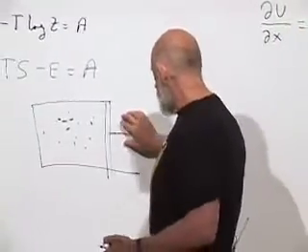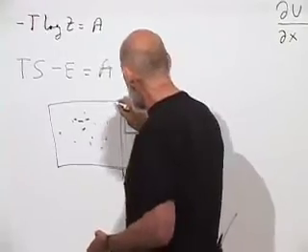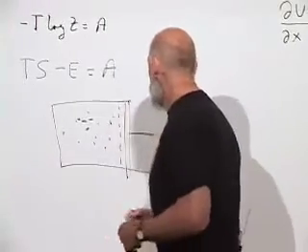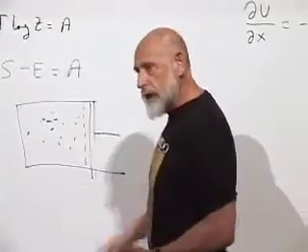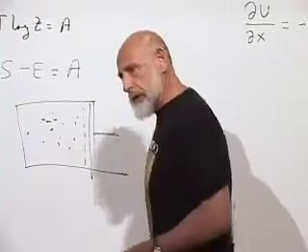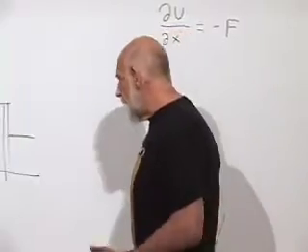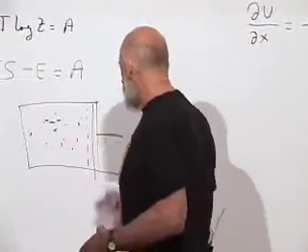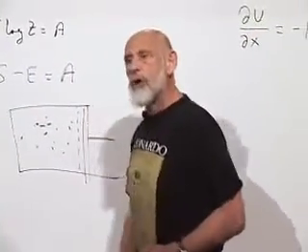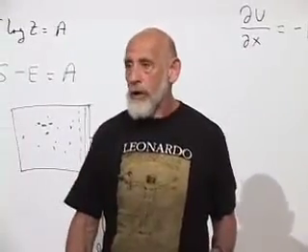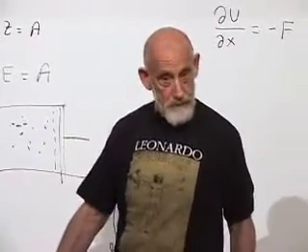So we can imagine squeezing the gas a little bit, changing the volume or changing the coordinate of the piston, and the work done on the gas, or the change in energy of the gas with respect to a small motion of the piston, is of course called the force on the piston.